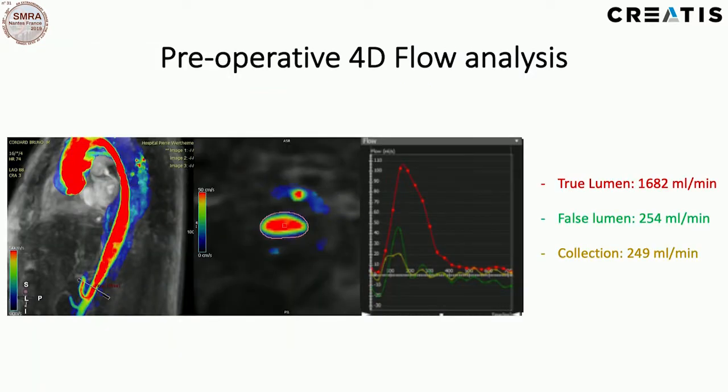But we then analyzed the flow, with a measure of the flow in the true lumen, in the false lumen, and in the collection. And we found quite the same in the collection and in the false lumen. So for us, the false lumen is perfused at the level of the rupture, and the collection is perfused at the level of the collection.